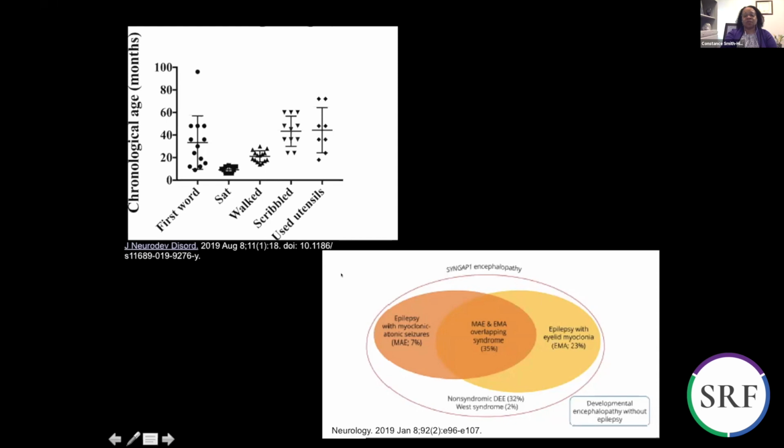Ingrid Scheffer's work is perhaps the largest cohort of patients that have been reported with SYNGAP encephalopathy. In her work, she indicates that the more common seizure types include myoclonic atonic seizures and epilepsy with eyelid myoclonia.